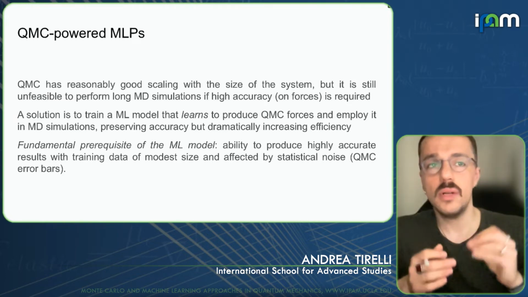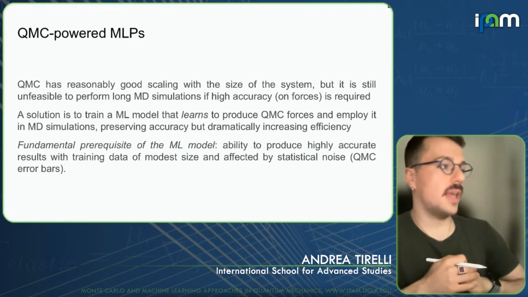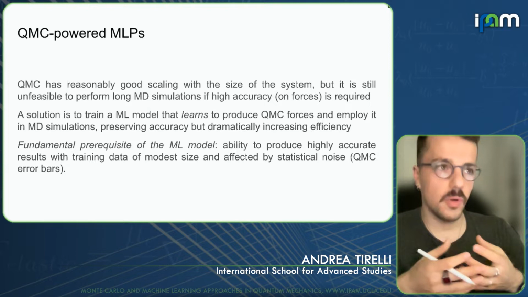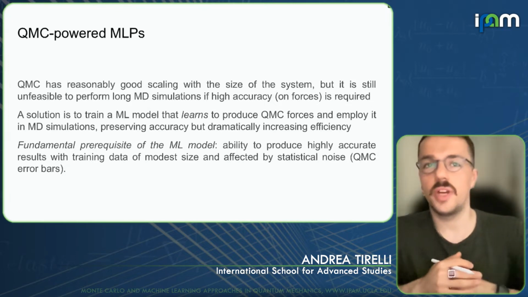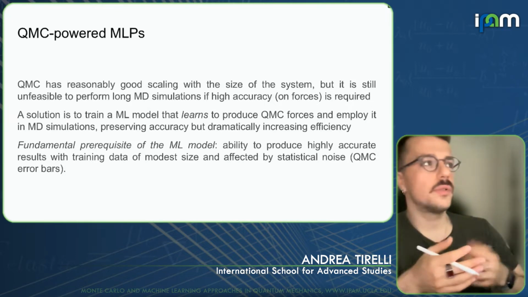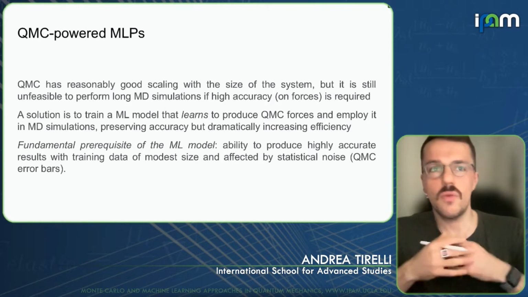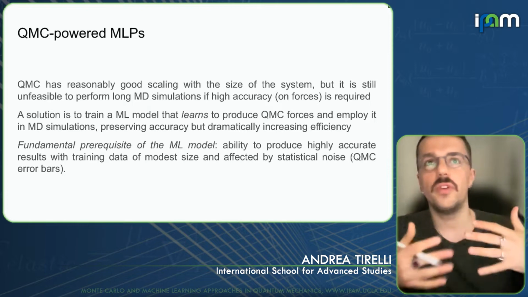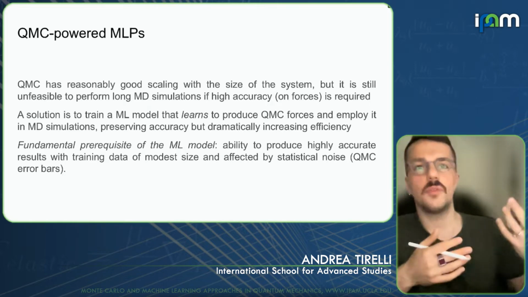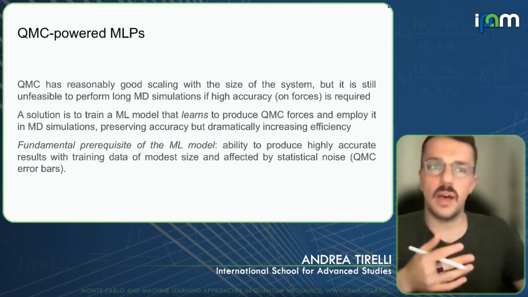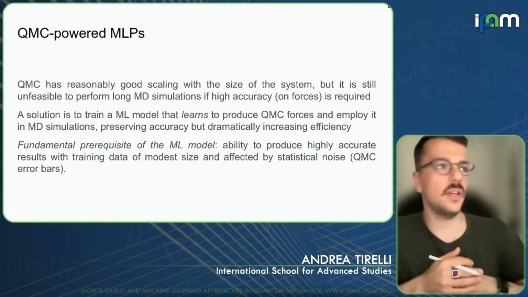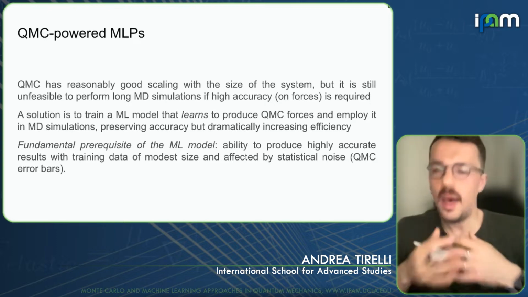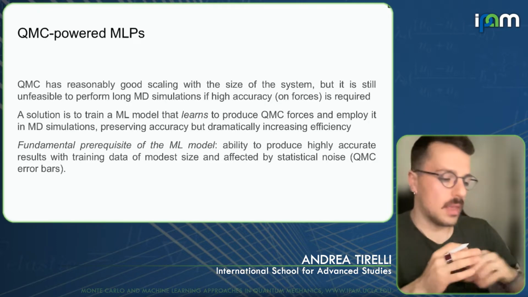But the idea is that we want a machine learning model which is able to learn as well as possible with the smallest amount of training data. Because if we used a model which is able to learn only with very large data, then we would have to perform, I don't know, hundreds of thousands of quantum Monte Carlo simulations. And at that point, we might just do ab initio QMC molecular dynamics.